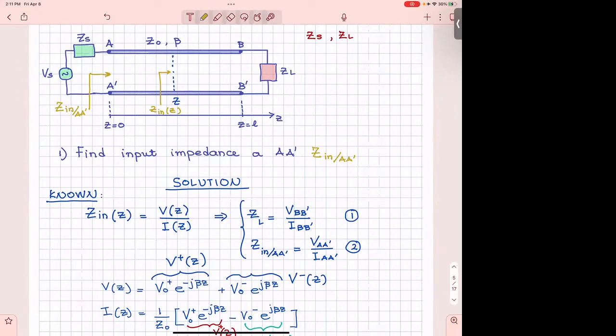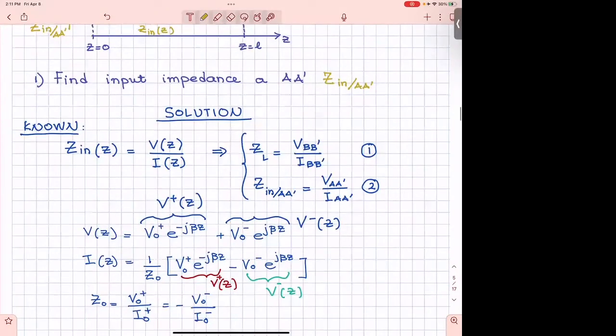All right, then Z_L is your load. L stands for load. According to Ohm's law, this load here is the ratio of the total voltage at BB prime divided by the current at BB prime. And see how I indicate those voltages and currents?